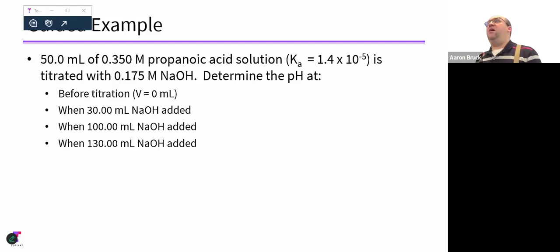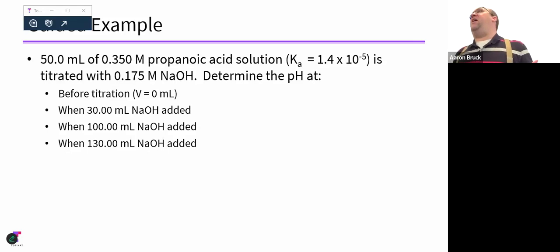But otherwise, I would evaluate each one. Okay, do I have both conjugates present? Well, if I do, then I know I'm in the buffer region. And so I figure out what the concentration of each conjugate is, plug that into the Henderson-Hasselbalch equation, and go from there.